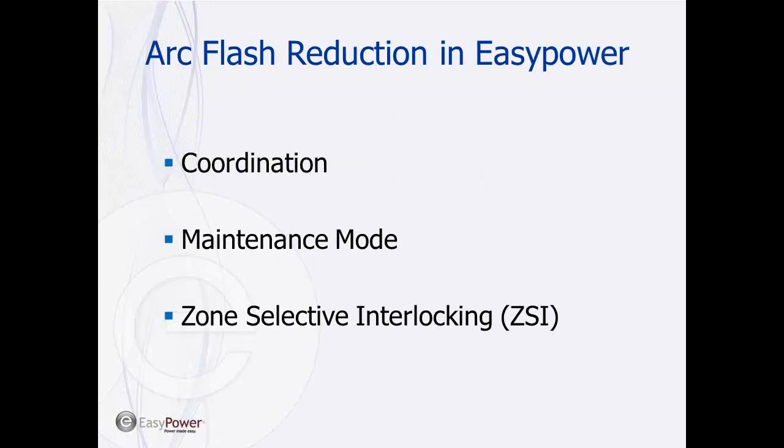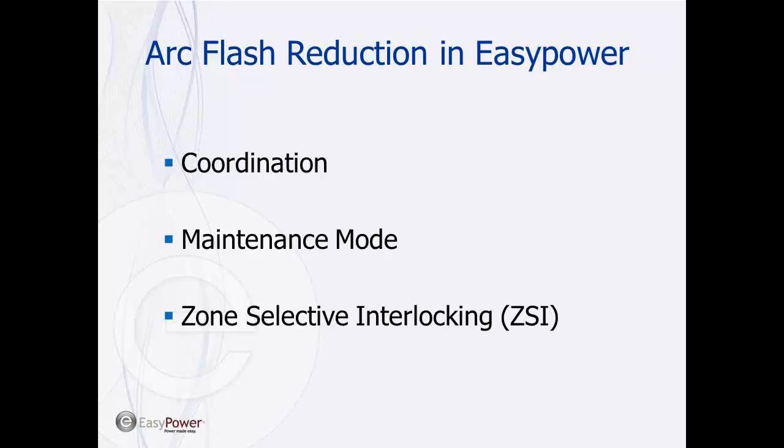So the three main topics in EasyPower that we're going to discuss today are coordination, how you can use coordination to reduce your incident energy, and some of the ways that you may do that, for instance, with relays. If you have electromechanical relays, you may try to reduce the amount of time between your relays and tighten up your time intervals.